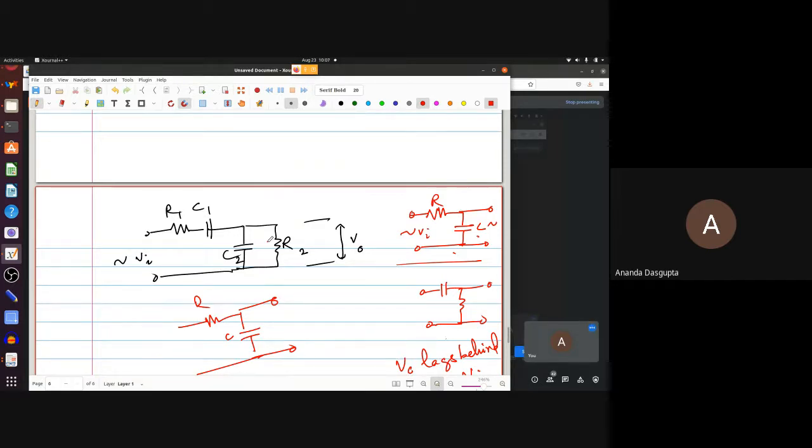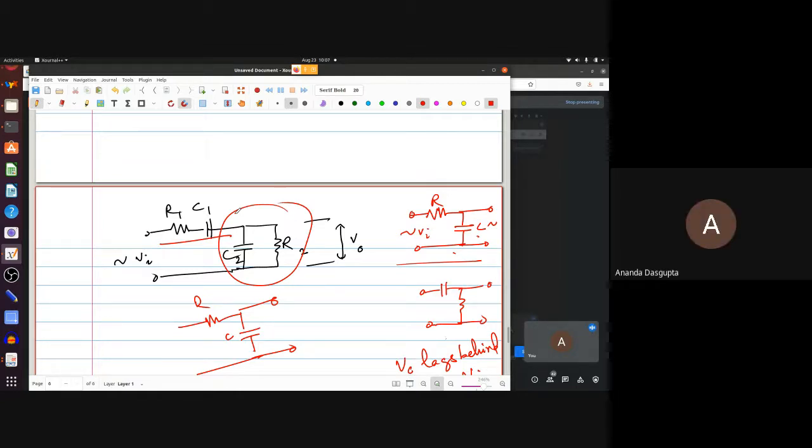Now, here you have a series combination and a parallel combination. So when the frequency is very, very low, both capacitors are huge. When you have a series combination of two impedances, which one dominates, the smaller one or the bigger one? Bigger one. And the total impedance is like the bigger one, right?